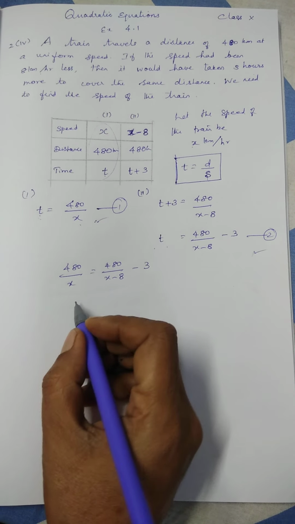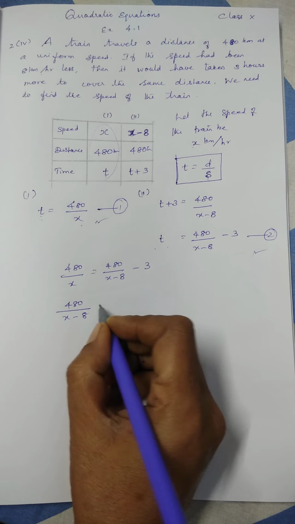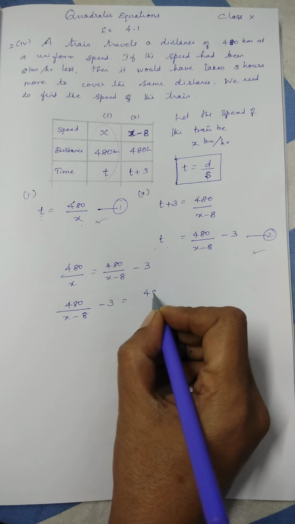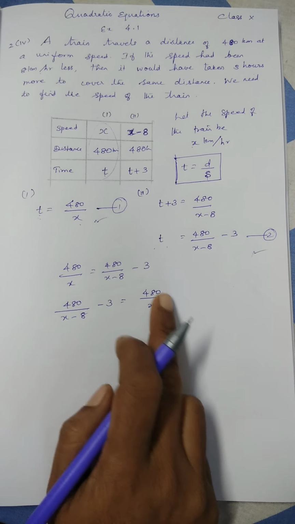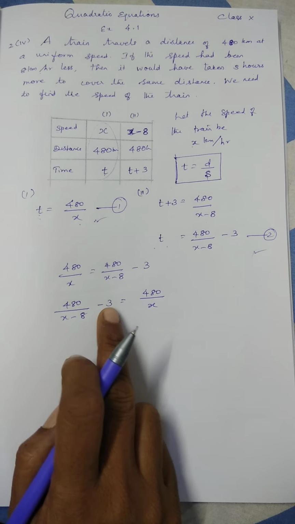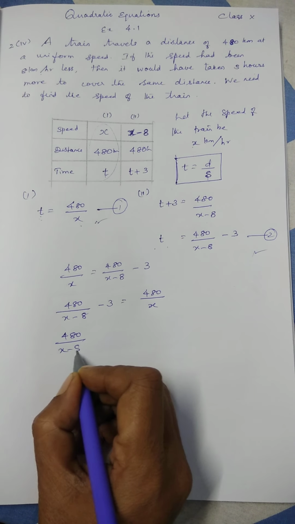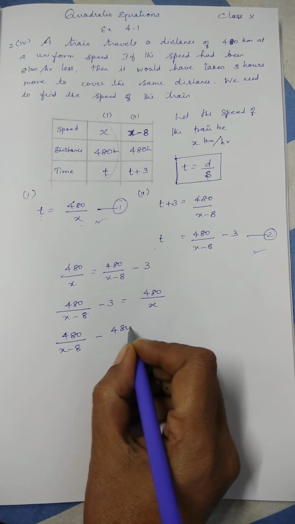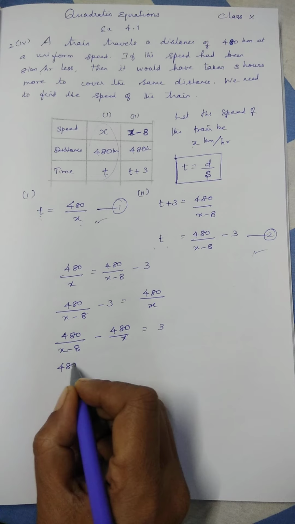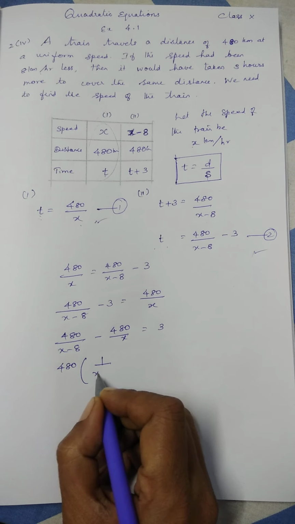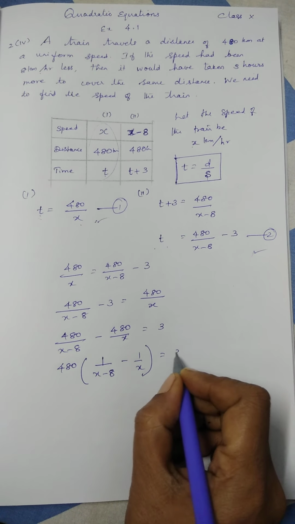I bring 480 by x to the left hand side and 3 to the right hand side. So 480 by x minus 8, minus 480 by x is equal to 3. In this, 480 is common, so let me take it outside. So I'll have 480 times 1 by x minus 8 minus 1 by x is equal to 3.